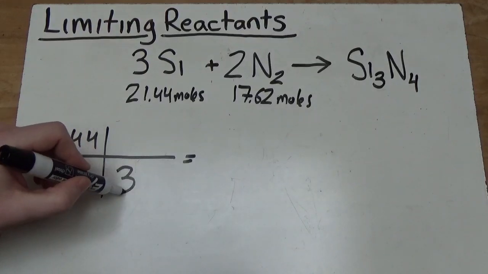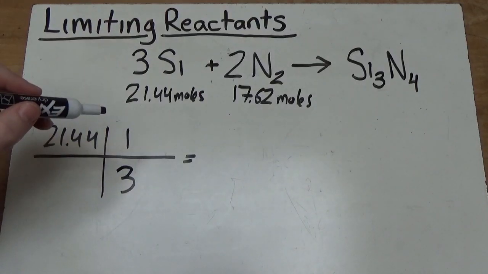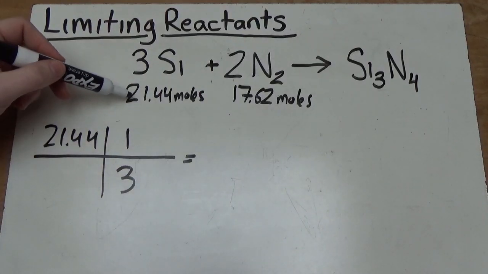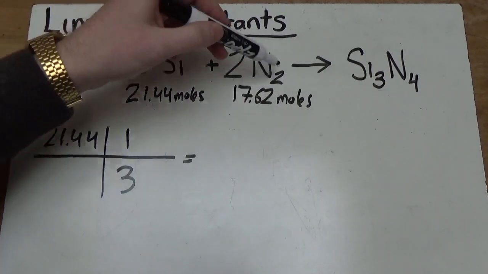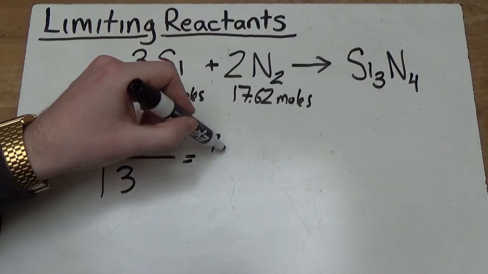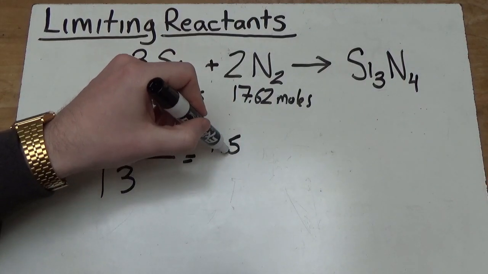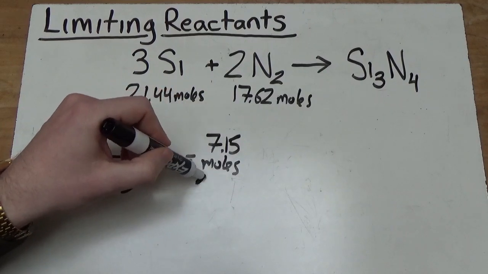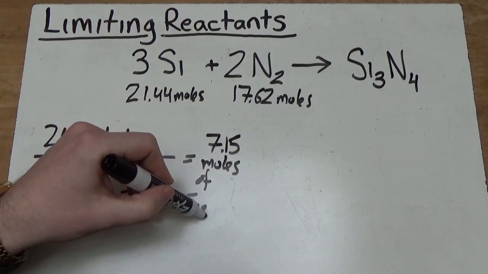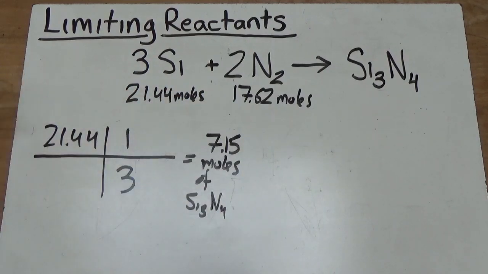This means that if I had 21.44 moles of Si and unlimited nitrogen, I would produce 7.15 moles of Si3N4.